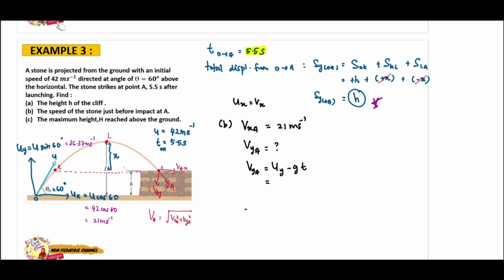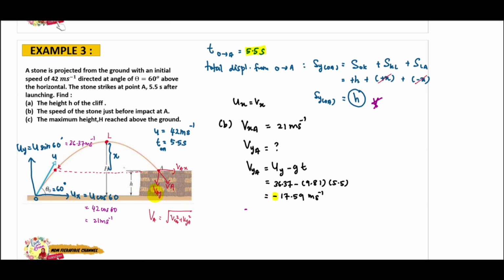So let's substitute the value. 36.37 minus 9.81, t is 5.5. Therefore, VYA adalah negative 17.59 meter per second. So betul lah negatif sebab apa? Kalau kita tengok VYA kat sini, so its direction is downward.